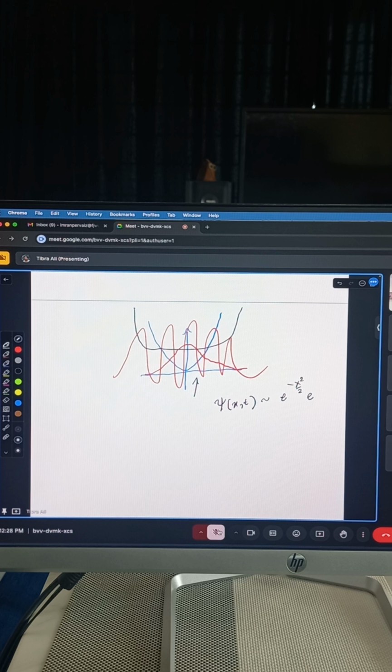So it's going to have e to the power of half h bar omega t, right?